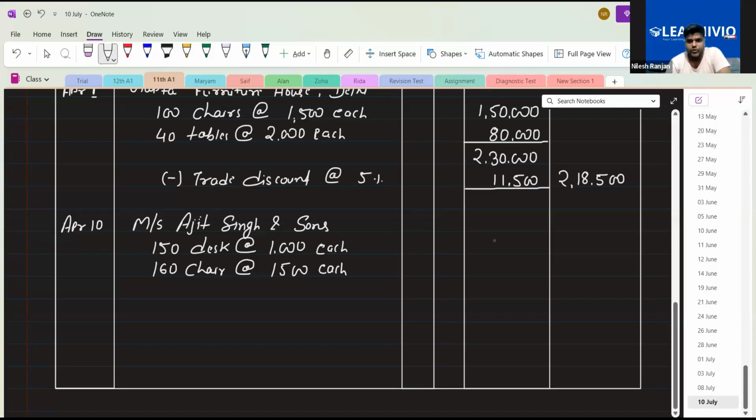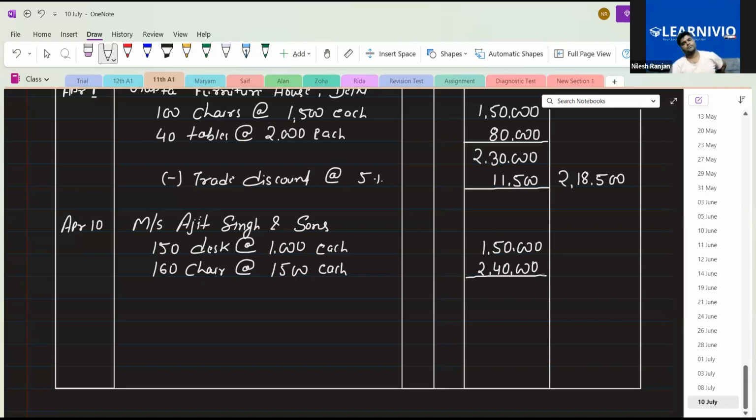So 1000 into 150, it will be again 1,50,000. And 160 into 1500, it will be 2,40,000. So total is 3,90,000, minus trade discount 5%.